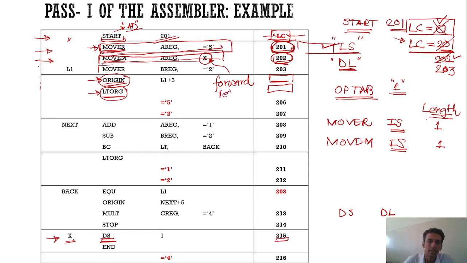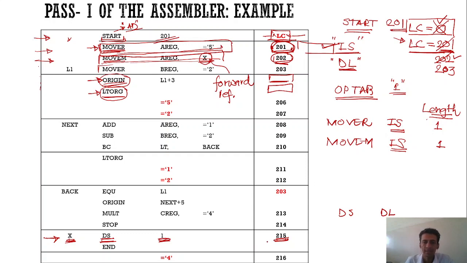Forward reference means that at this point of time X was not defined or declared, we did not know what exactly X is, rather it was used in the MOVEM instruction as its operand. So the definition of this X is encountered here in the DS instruction, that is declare storage, and for this particular X the storage of one memory unit is declared, and that particular memory location is 215.